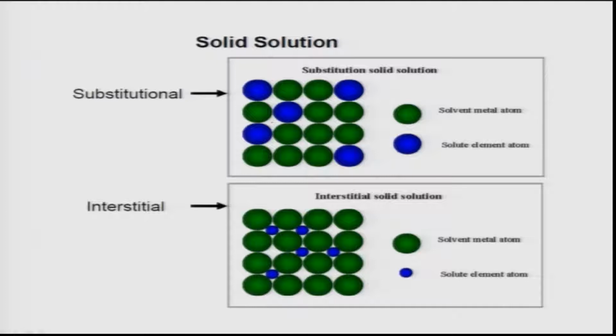We can also have a situation in which we do not need to replace the atoms sitting at the lattice positions, but we can accommodate solute atoms at the interstitial positions. That is shown here: the blue ones are small size solute atoms sitting at the interstitial positions. Here you can see several are shown.